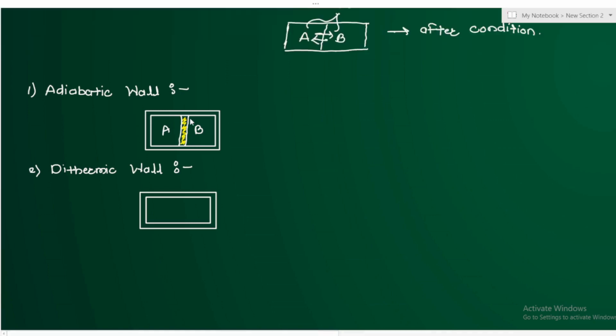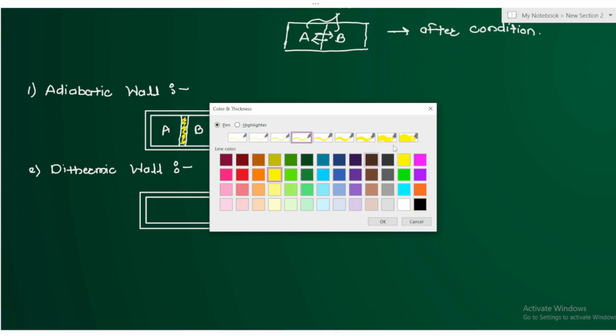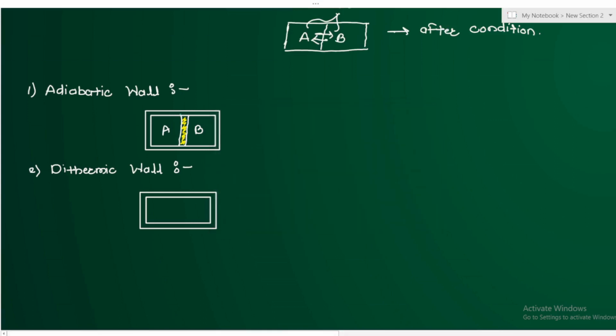So I will color them blue also. Okay. Now we can see that A and B are separated by adiabatic wall, and the system and the surrounding are separated by the blue wall, which is diathermic wall.